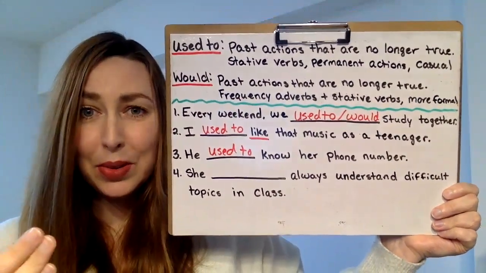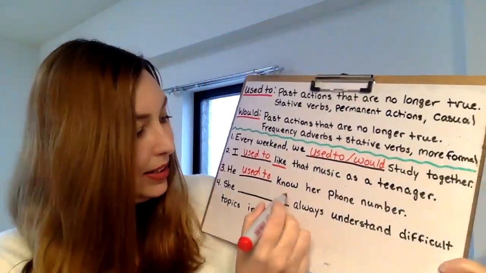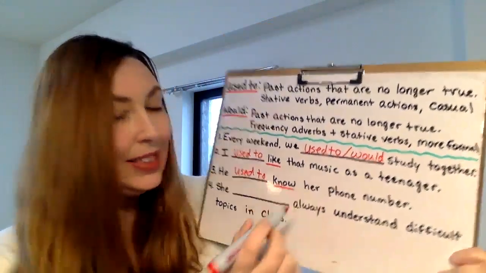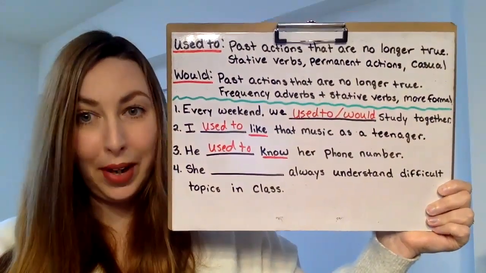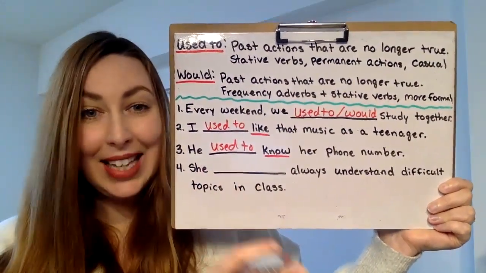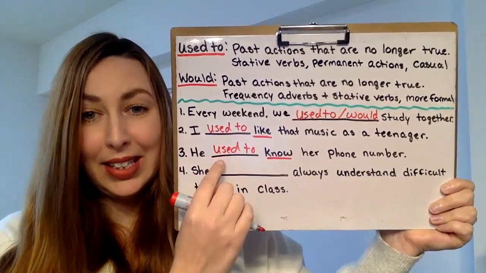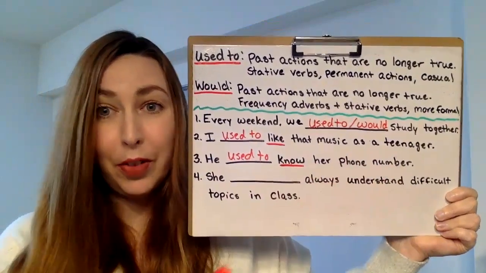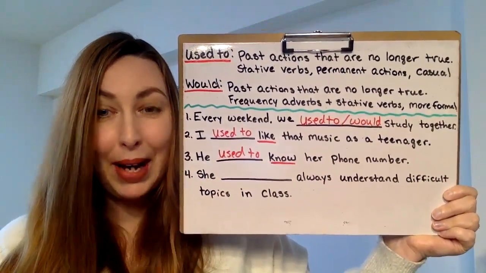Why can't we use would in this sentence? Well, because know is a stative verb, okay? He used to know her phone number. So we can't say he would know her phone number. If you use would in this sentence, it doesn't sound like you're talking about the past.